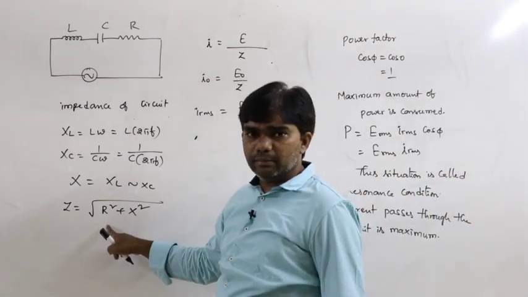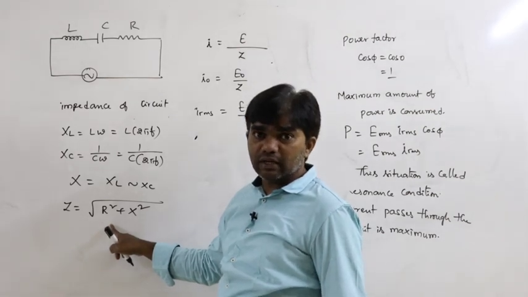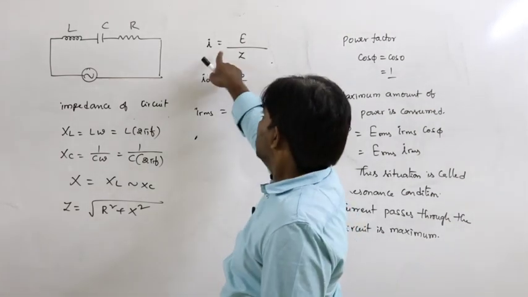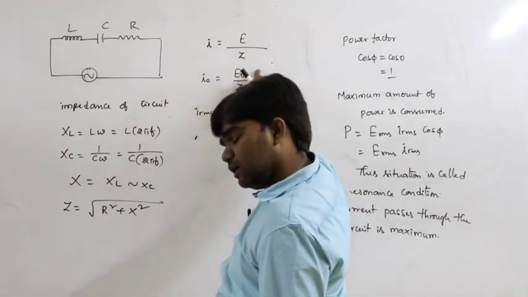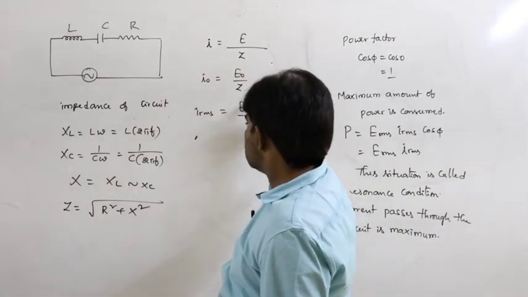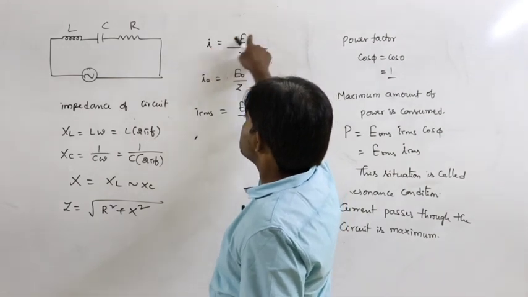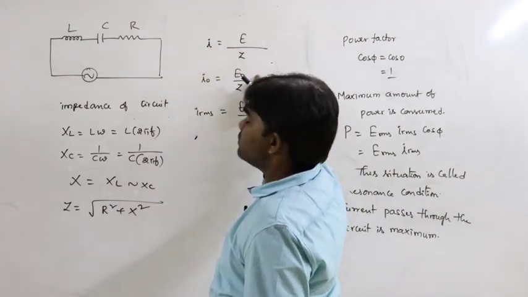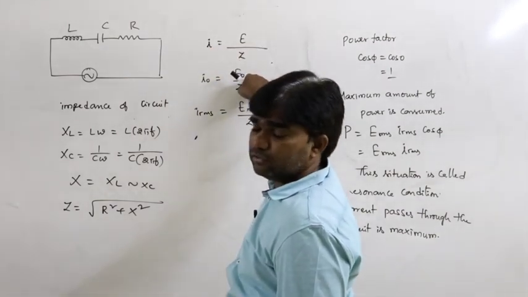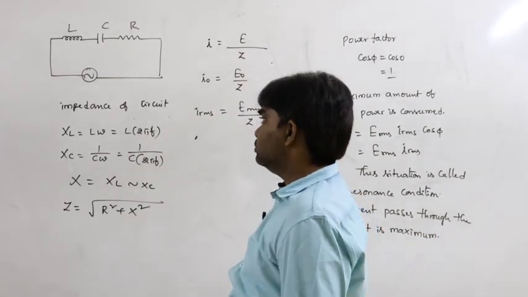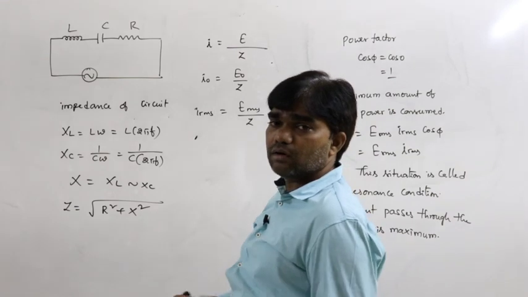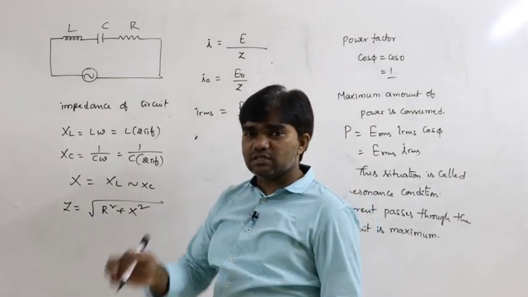After calculating the impedance of the circuit, we can calculate these values. I is equal to E by Z, or I naught is equal to E naught by Z, or I RMS is equal to E RMS by Z. These are the instantaneous, peak and RMS values of current and EMF. This is the way to do the problem. How can you calculate the phase difference? Using tan phi.